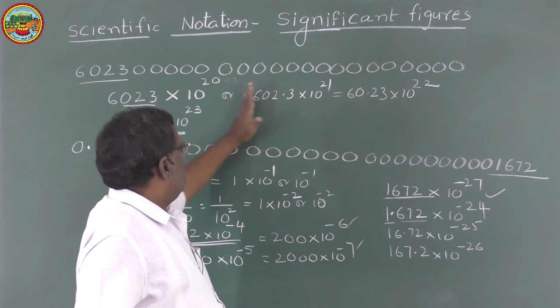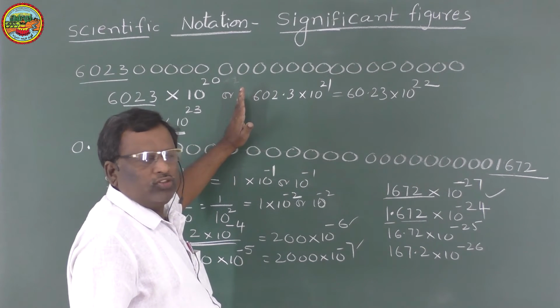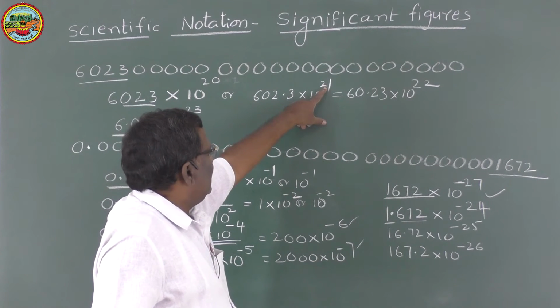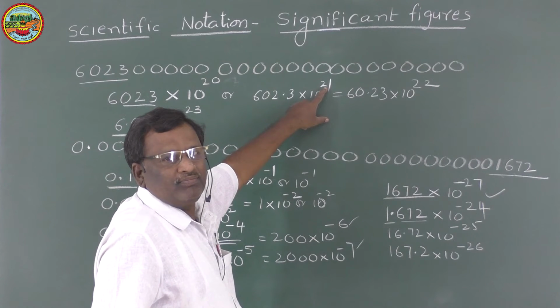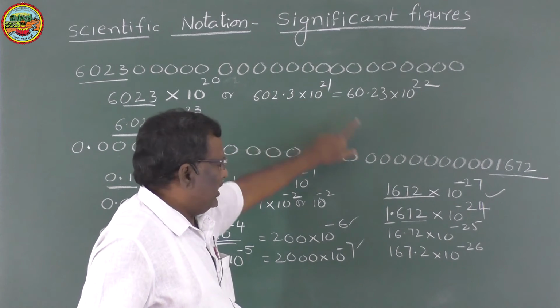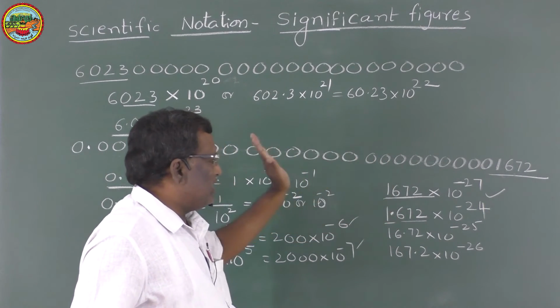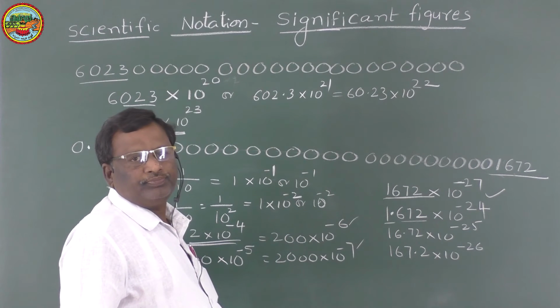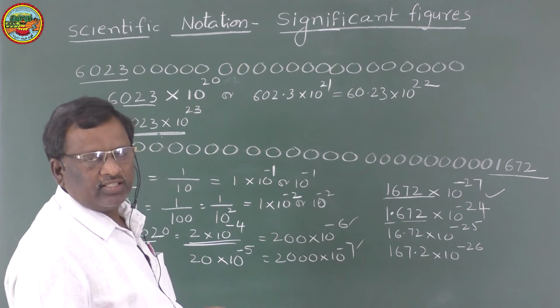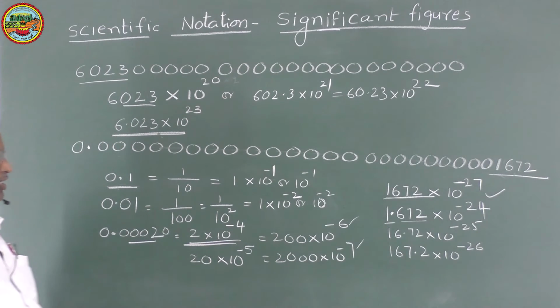If you move the decimal left, these digits will increase. Positive values will increase, negative values will decrease, like this. So this is the scientific mode of expressing large numbers and small numbers.